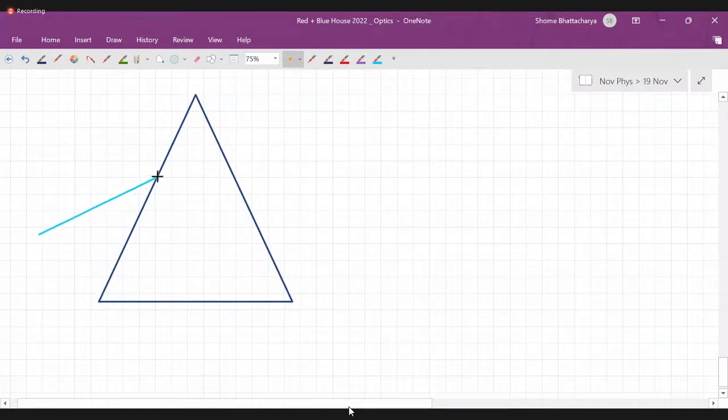The moment angle of incidence is equal to angle of emergence, R1 will be equal to R2. And therefore R1 equal to R2 will be equal to A by 2. This quadrilateral will also have that symmetry.